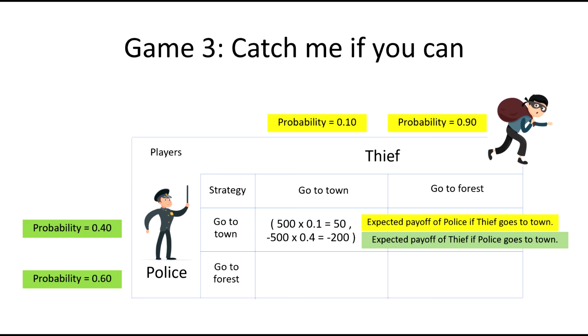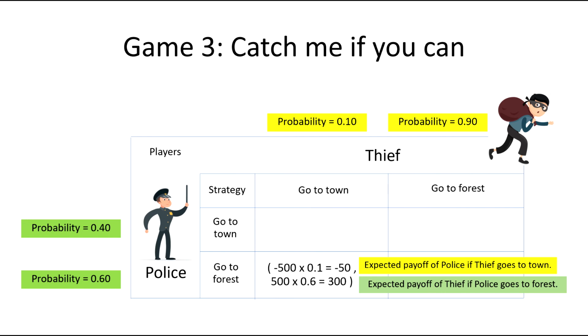And for the thief, he will lose 500, but with the probability of just 0.4, using the probability of the police, so now we have only minus 200. In the second cell, we calculate the expected payoffs again, and the expected payoff of the police if the thief goes to town is minus 50. But the expected payoff of the thief if the police goes to the forest is 300.